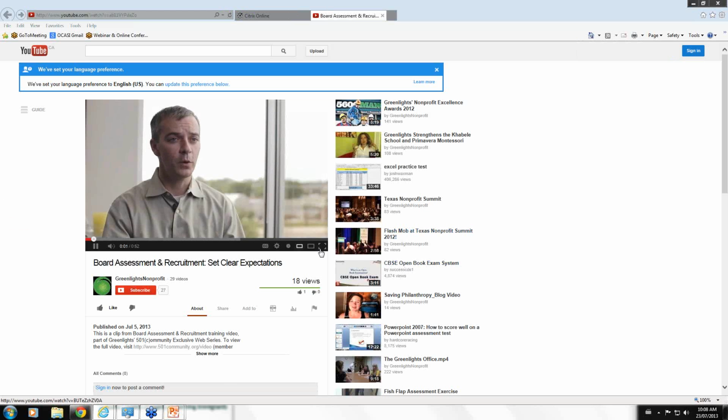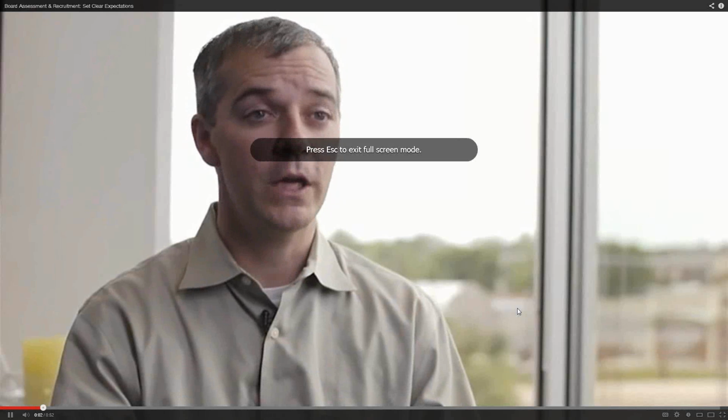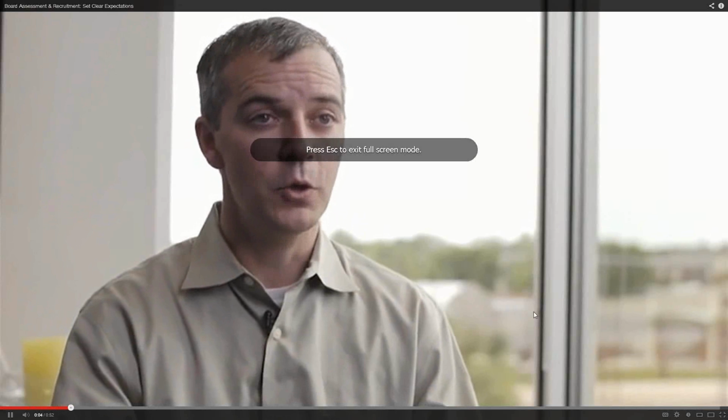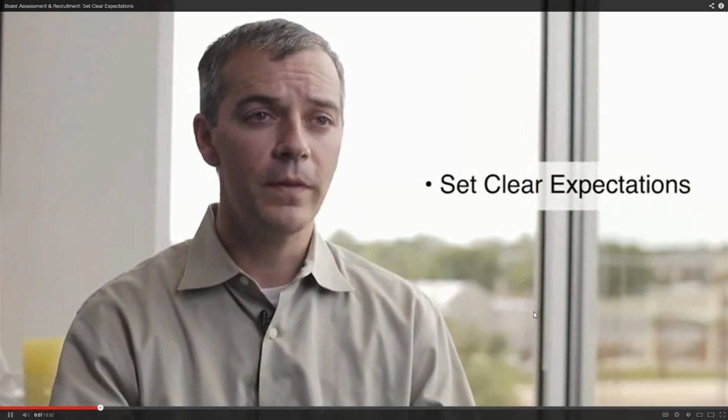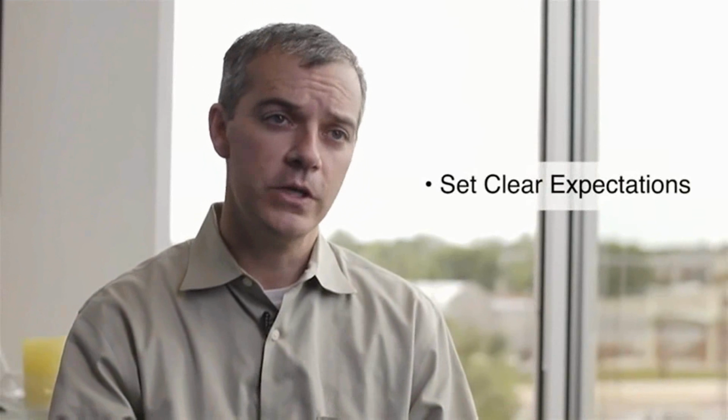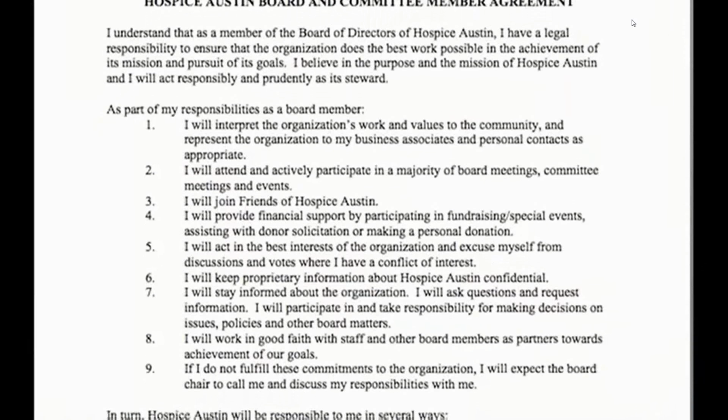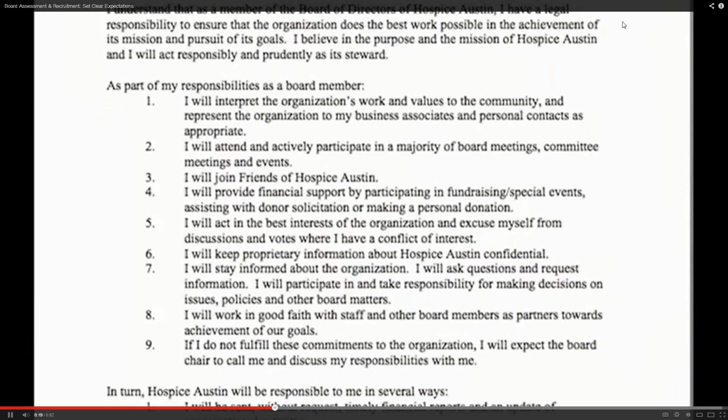It's important that when you're recruiting new board members, you're very clear up front during the recruitment process what the expectations are, and frankly what the situation is that they're coming into. We often have a board member agreement. I know many organizations do this, and that sets out the expectations from the beginning. And we remind people of that.